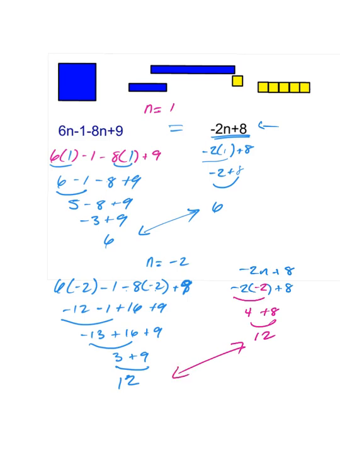Now, notice they have different sums than before because we use different numbers. But as long as 6n minus 1 minus 8n plus 9 is equivalent to negative 2n plus 8, when we evaluate them with the same number going into n, they will come out to be the exact same value after we've evaluated each expression. What we're talking about is, are these equivalent expressions?